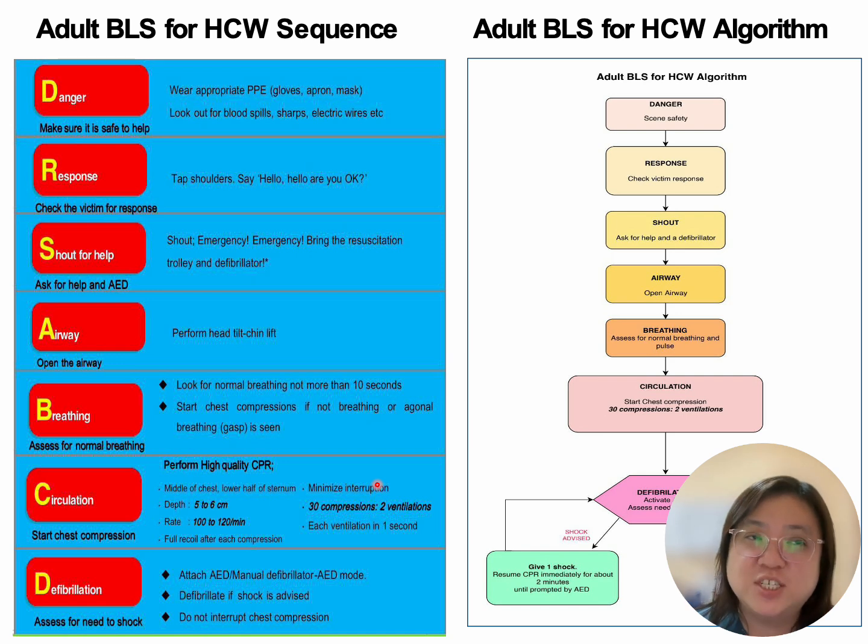What is the compression to ventilation ratio? 30 compressions to 2 ventilations, with each ventilation over 1 second. Then complete chest recoil, minimize interruption, and location should be at the middle of the chest and lower half of the sternum.